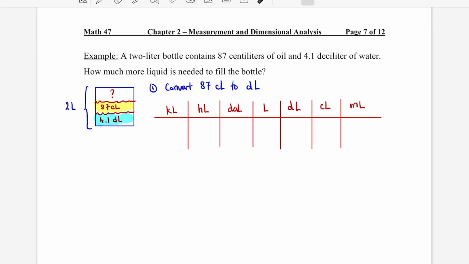So I have 87 CL, and I want to convert that into DL. So DL is 10 times larger than CL. So to convert from 87 CL to DL, I take 87 divided by 10, which I get 8.7.